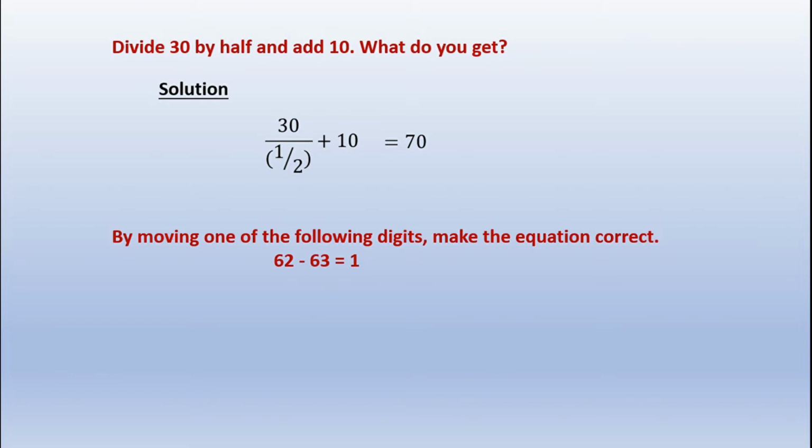So to get 1, it should be 64 minus 63. Then we will get plus 1, such that 2 to the power 6 means 64. So we can write this as 2 to the power 6 minus 63 equal to 1. This is how to move one digit and solve the problem.